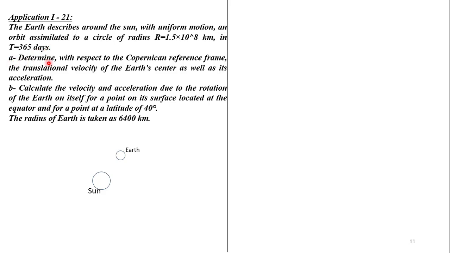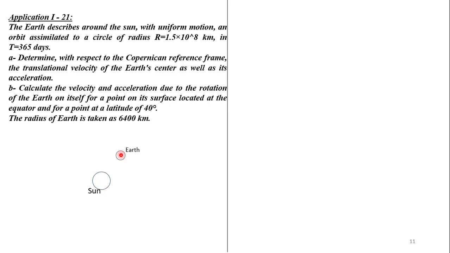Question 1. Determine, with respect to the Copernican reference frame, the translational velocity of the Earth's center as well as its acceleration. So we want to find the velocity vector of the center of the Earth and the acceleration.